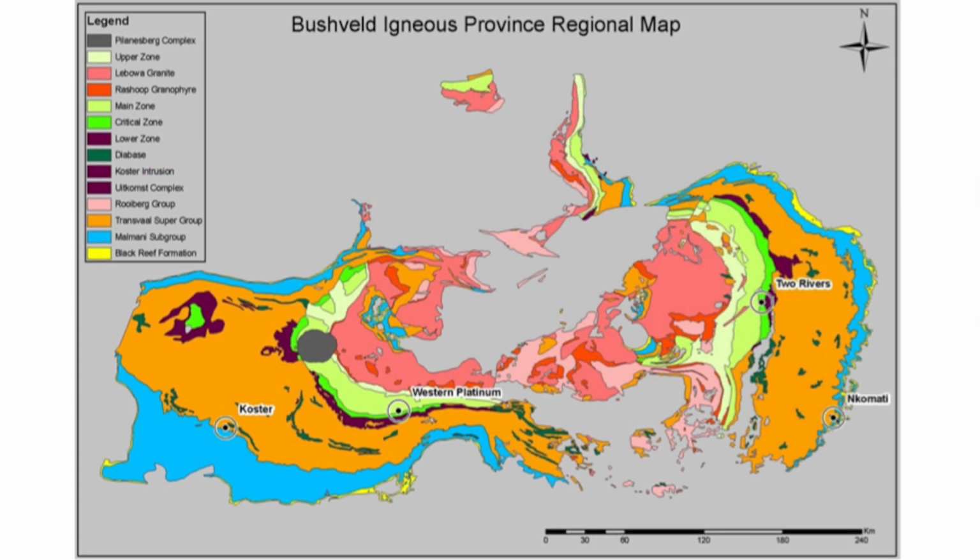This is a map of the Bushveld complex showing the different lobes and the rock layers. We have the blue and orange is a Transvaal group, and then we have the Bushveld intrusion in green and the main critical and lower zones.